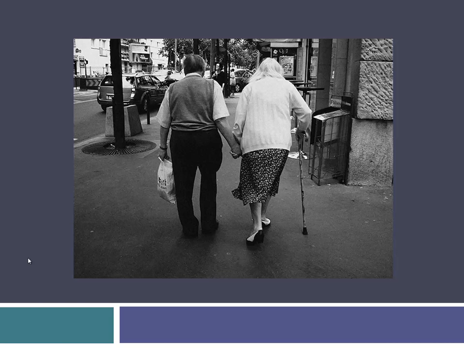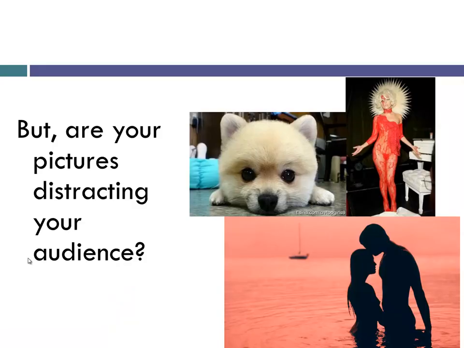I think, I hope my wife and I are like that someday, walking down holding hands. So here's a case where an image can go a bunch of different directions, whereas the puppy dog image and the couple in the water image basically cannot go multiple directions. It pretty much stays right there. It's a cute dog. It's a very attractive couple standing in the water.